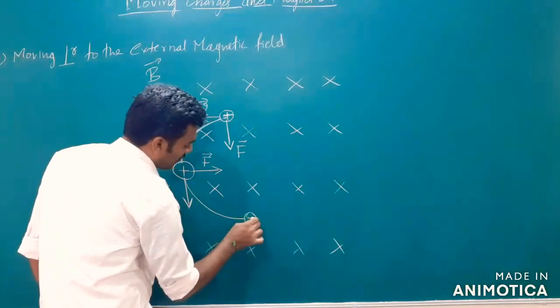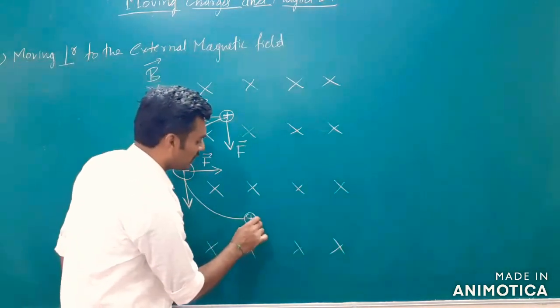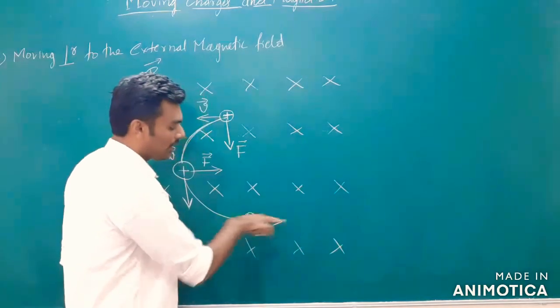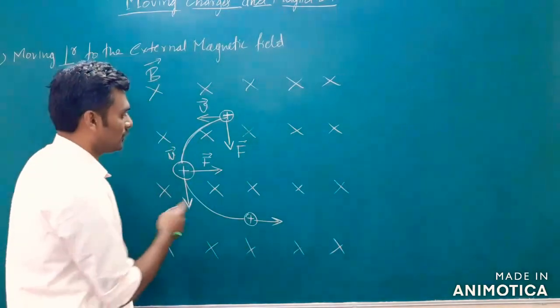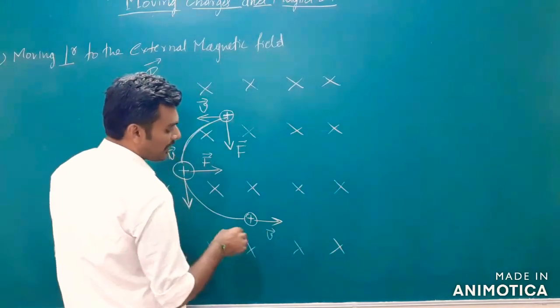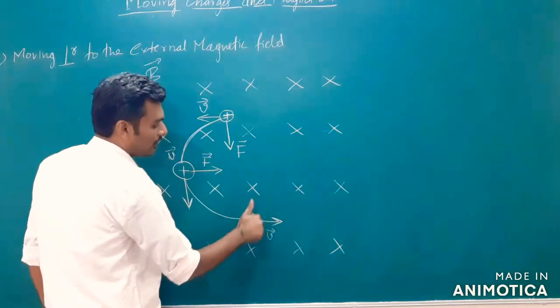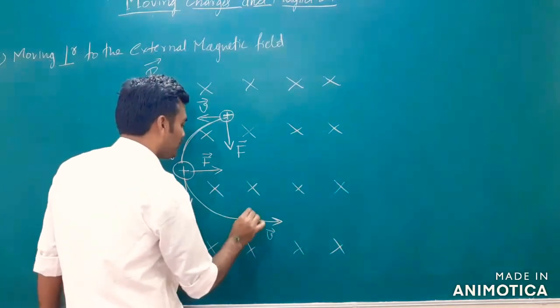and it will reach this point. When the body reaches this point, the direction of velocity is like this, it wants to go like this, but the magnetic force experienced by this is, see, v cross b, the magnetic force pushes it up.